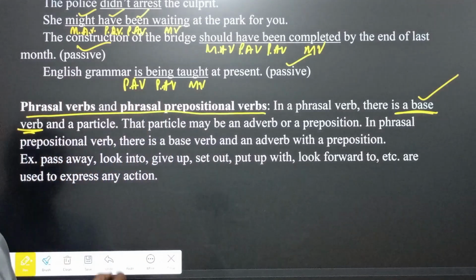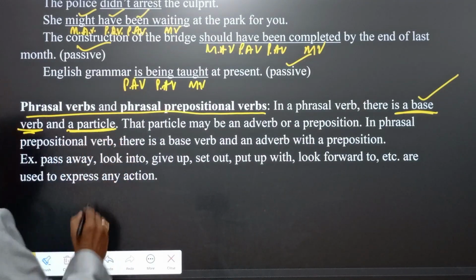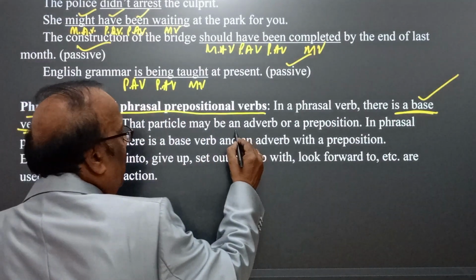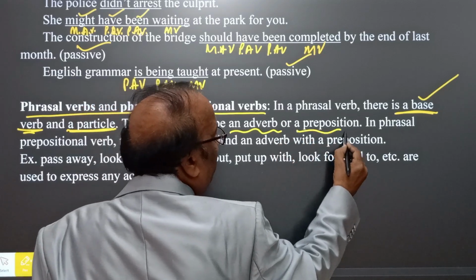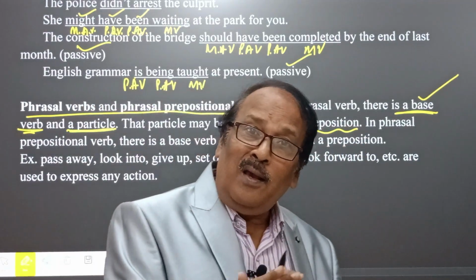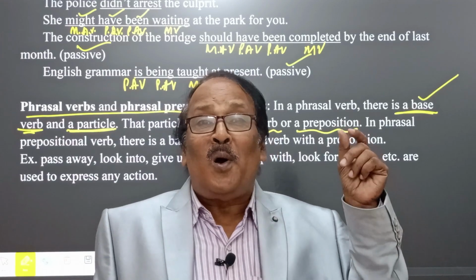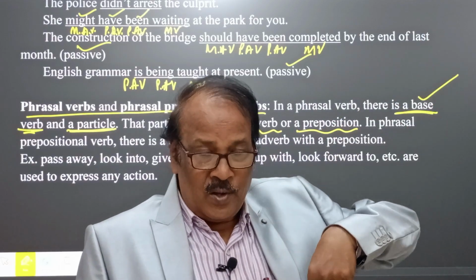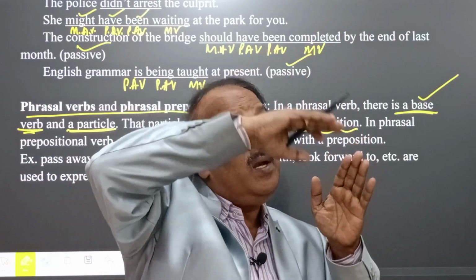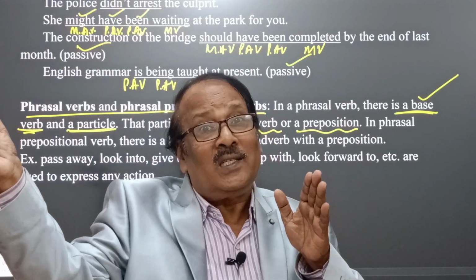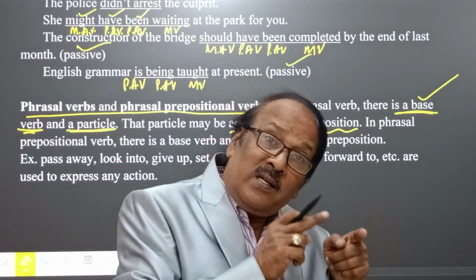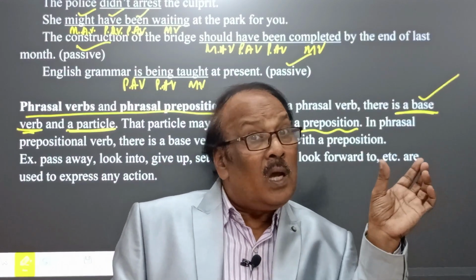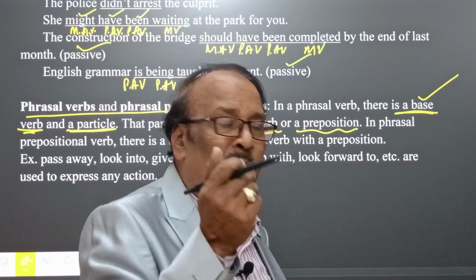And a particle, and that particle may be an adverb or a preposition. Yes, it is now clear that in a verb phrase, the main verb remains at the last of the verb phrase, but in a phrasal verb, the main verb remains at the beginning as a base verb.